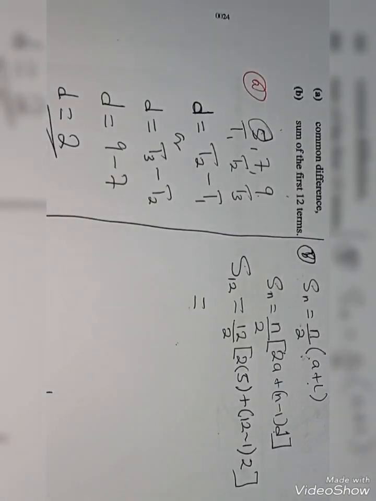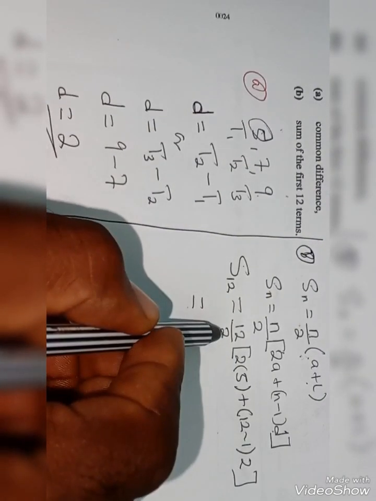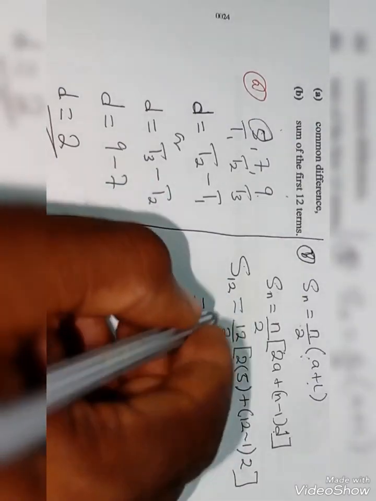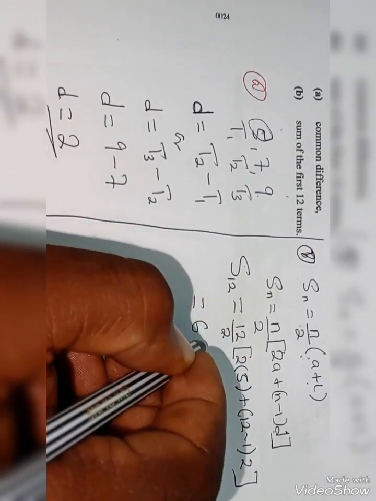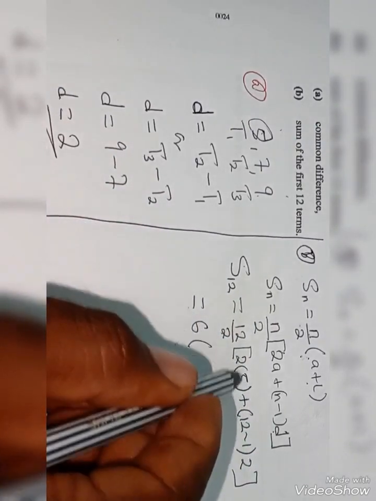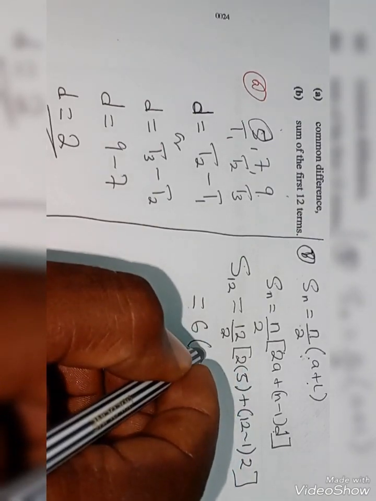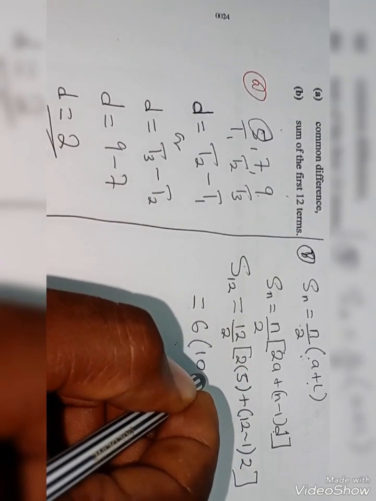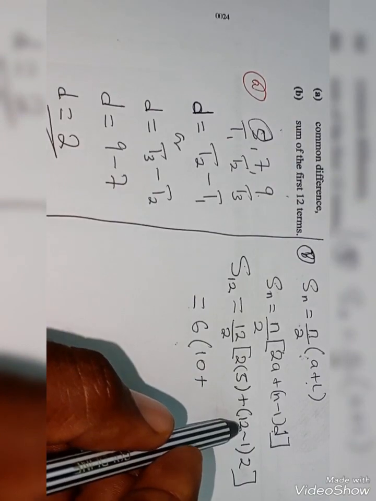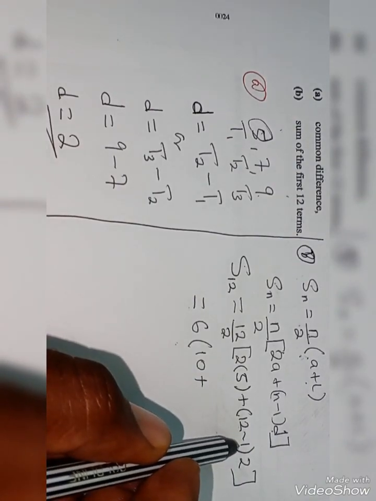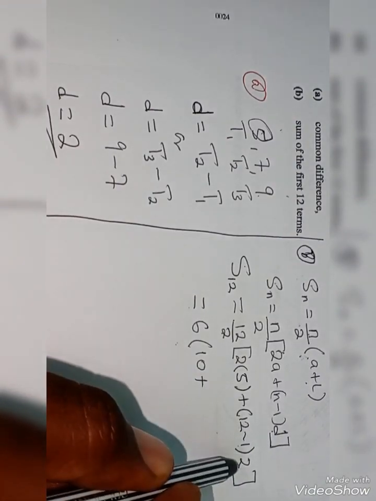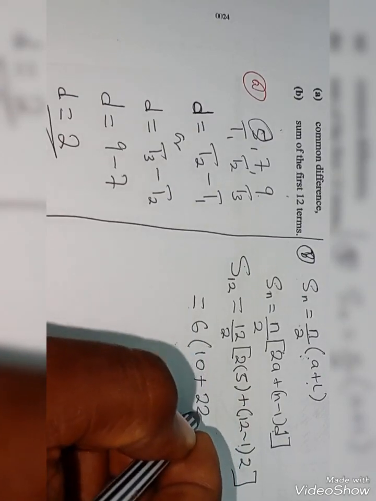So it is now up to you to consider BODMAS. 2 into 12, you can divide there. We have 6. 2 times 5 is 10, plus 12 minus 1, that is 11. 11 times 2 is 22.